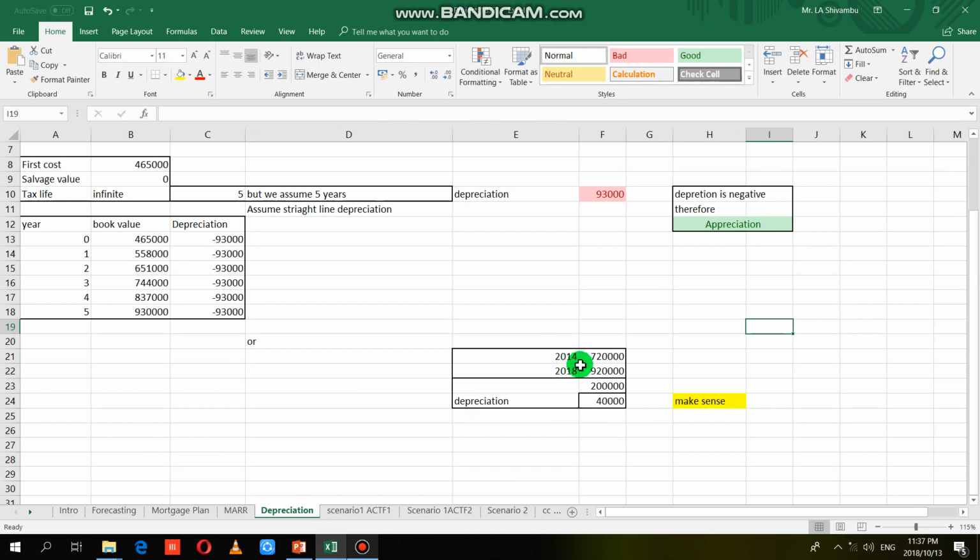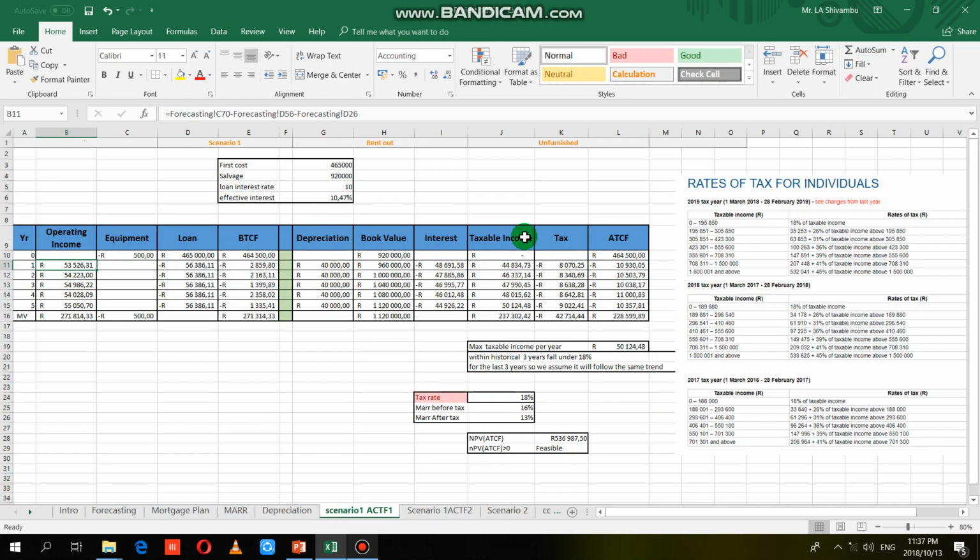In 2014 the property was this much, in 2018 the property is this much, therefore there was an increase of this much, and if you divide this by 5, it makes sense to say that this is our depreciation.